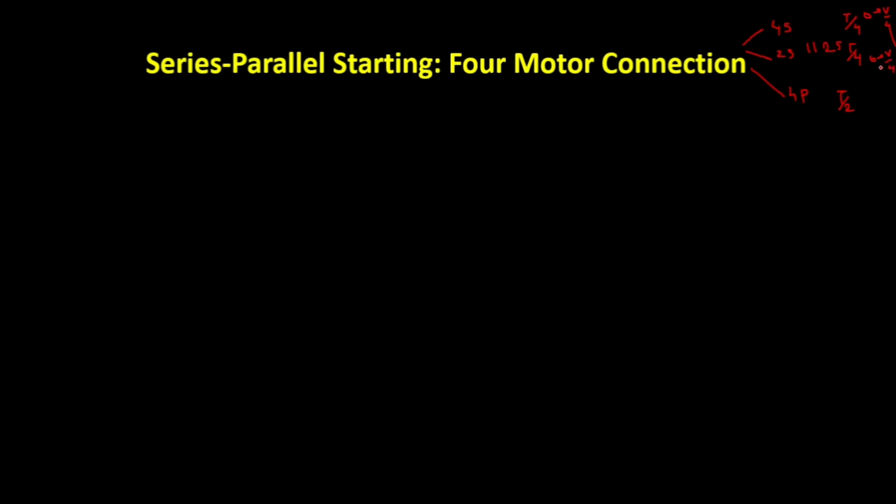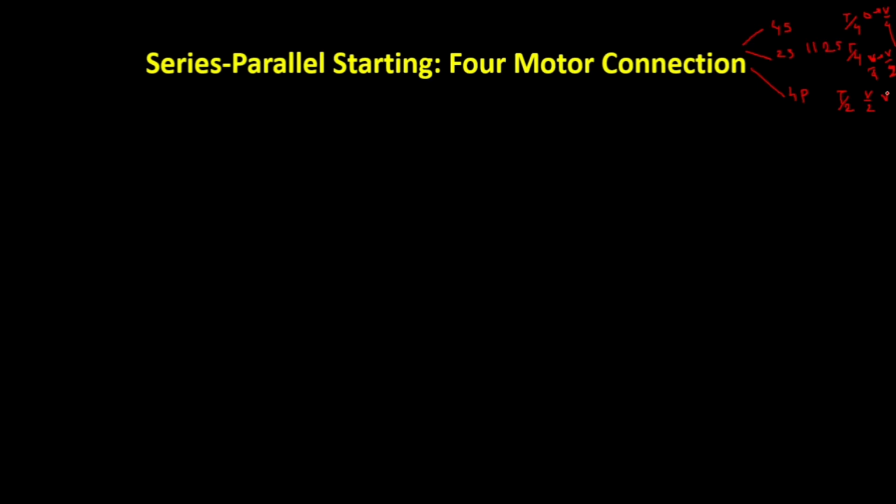Then from V by 4 to V by 2. This voltage is increasing from V by 4 to V by 2 because the previous part ended at V by 4, so here it should start at V by 4 and end at V by 2, because the voltage is gradually increasing. And then finally the voltage should increase from V by 2 to V. So this is how you have to solve this.